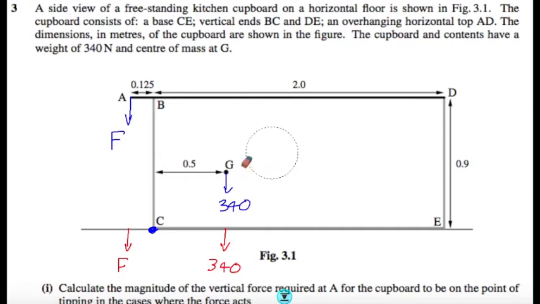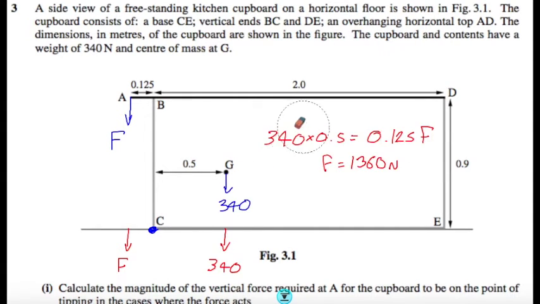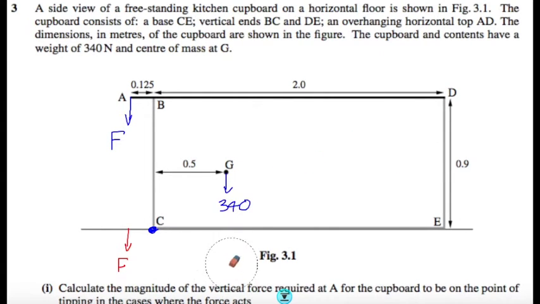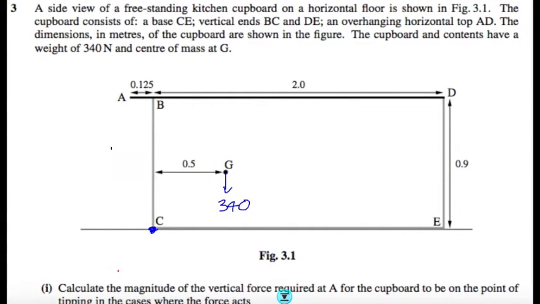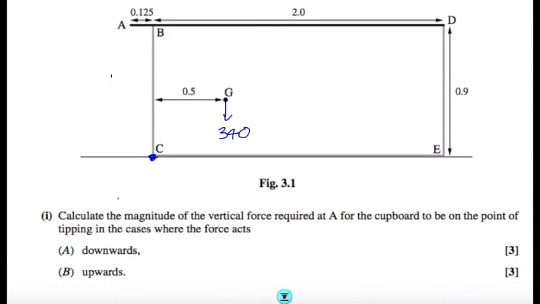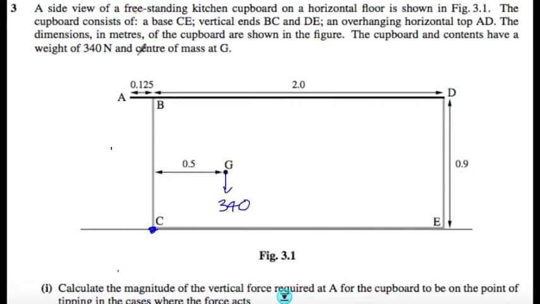If we were lifting it upwards, as they say in part 2, now our force is acting up like that. So let's move it down here again. Where will it be tipping from now? It would now be at point E. So we can move this force G down again.